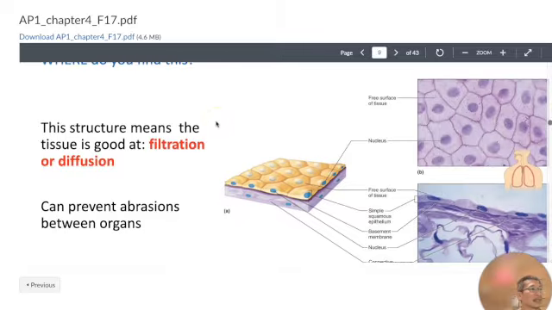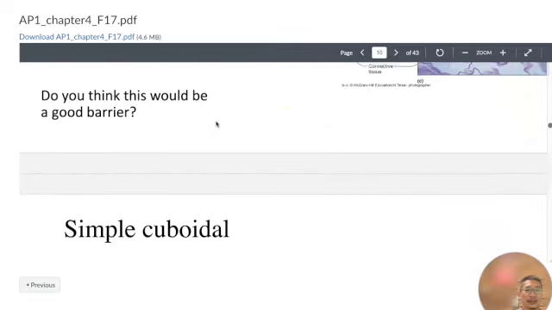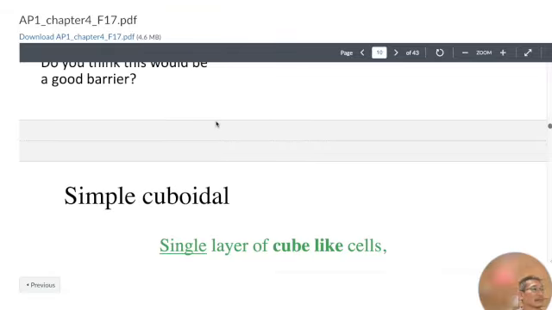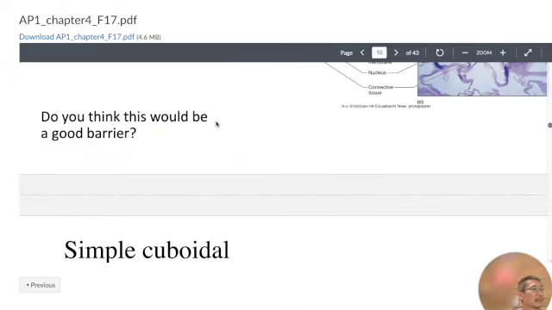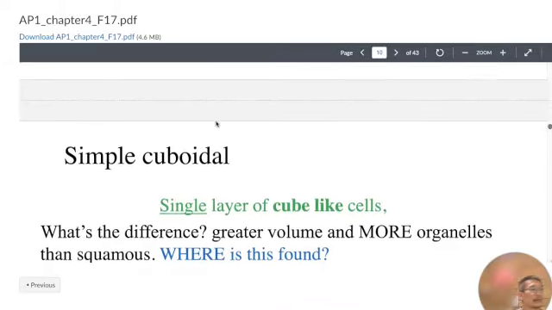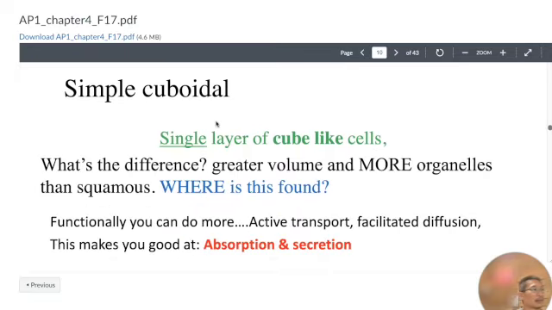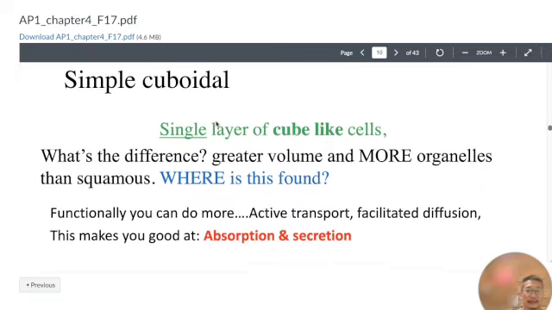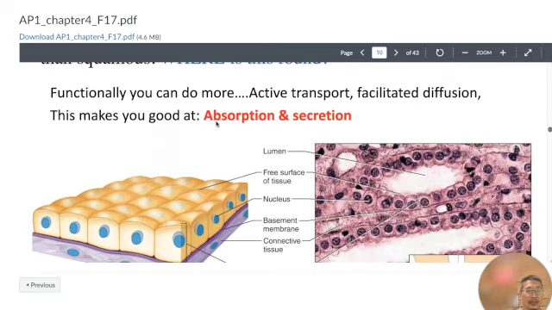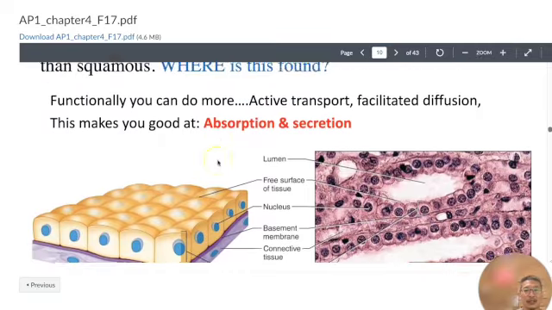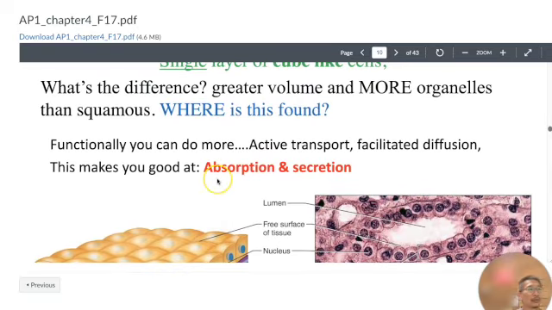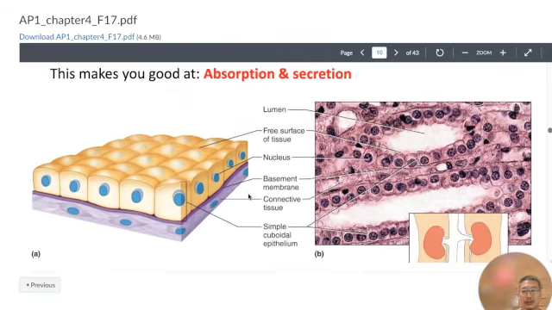Simple cuboid, just like that, one layer, is great for absorption and secretion. Again, also in the kidneys.